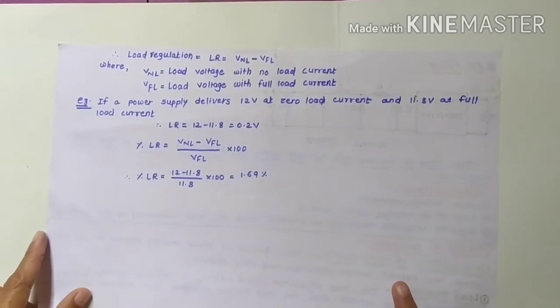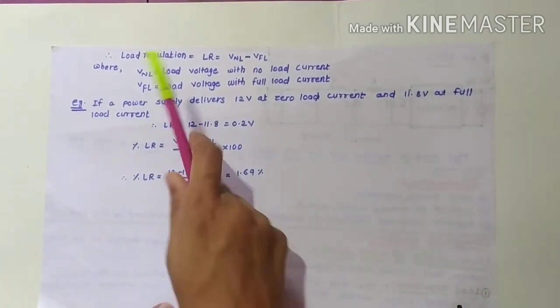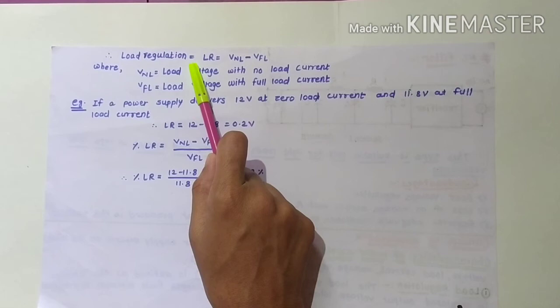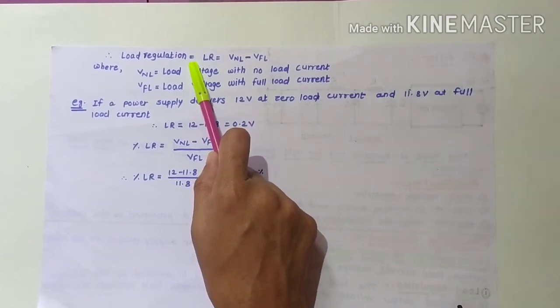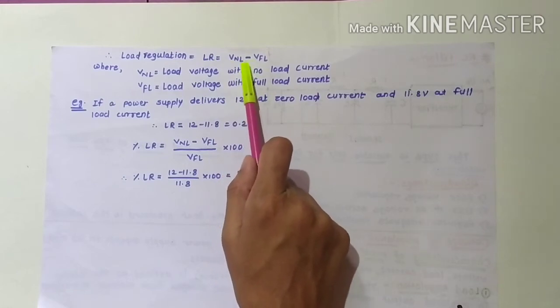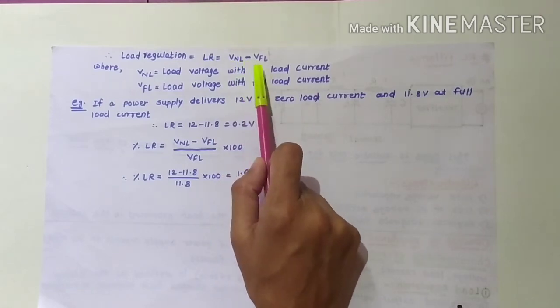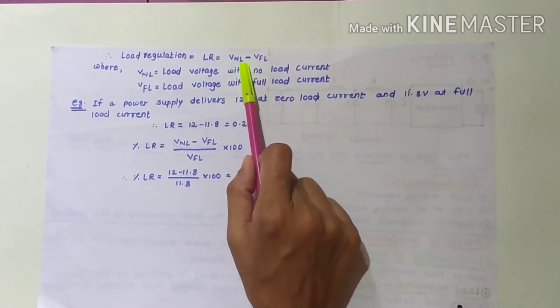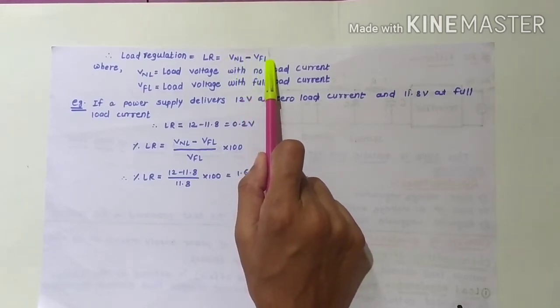According to the definition, load regulation is the change in regulated output voltage when load current changes from minimum to maximum.